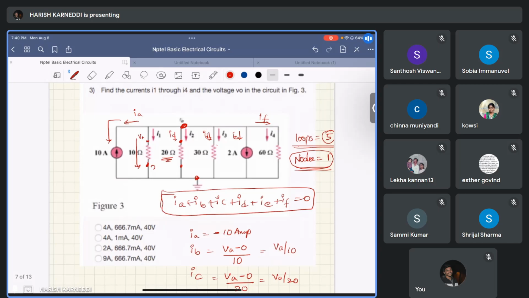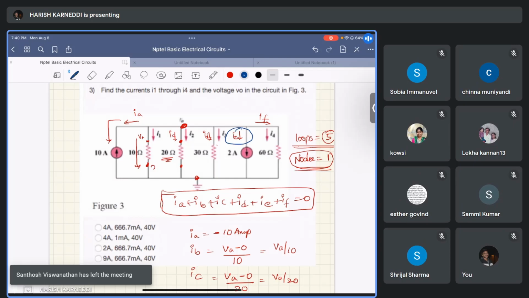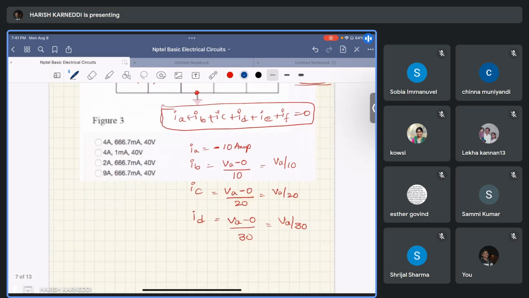And IE: we consider the downward direction, the leaving direction, and the 2 amp source direction is also the same as our reference. So IE is the same as that source current, 2 amperes.